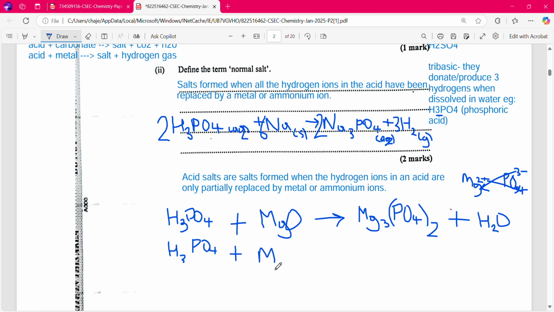So acid salts are formed when the hydrogen ions in an acid are only partially replaced. So how would we form that acid salt? Originally we had 3 hydrogens, but if we choose to only partially replace some of those hydrogens, what would we do?